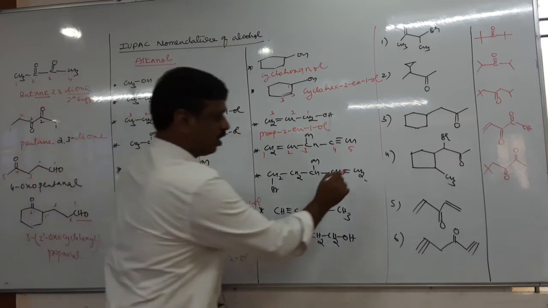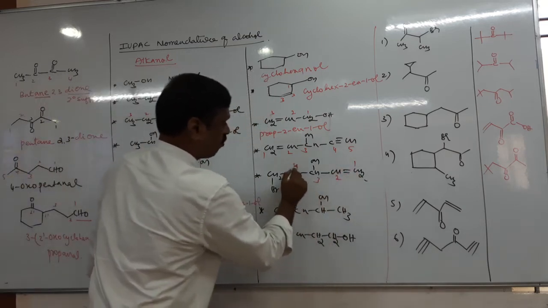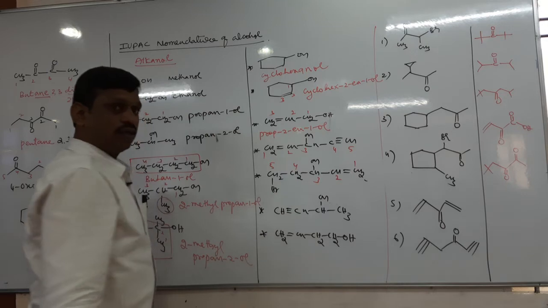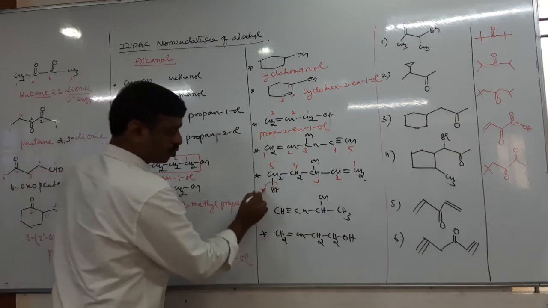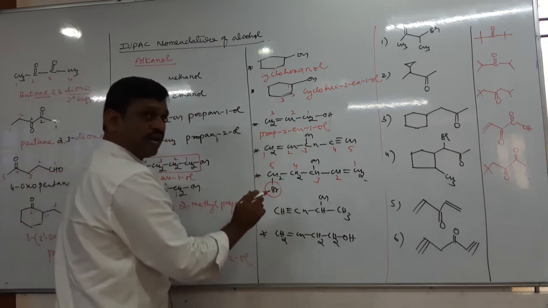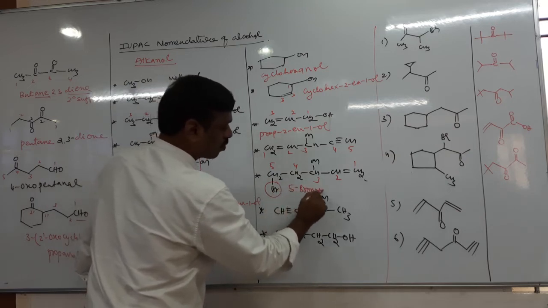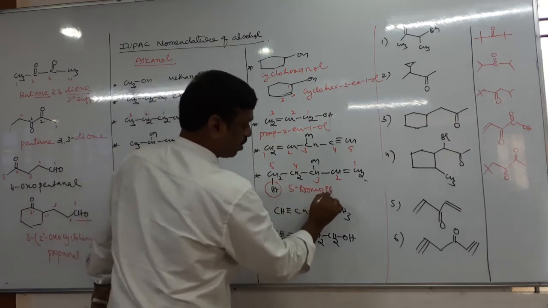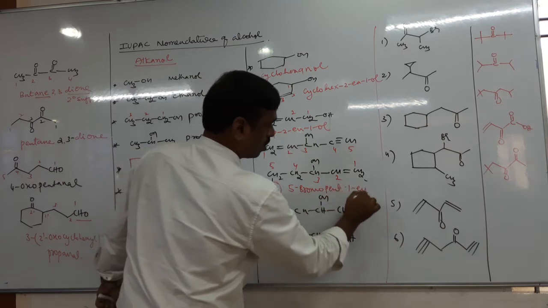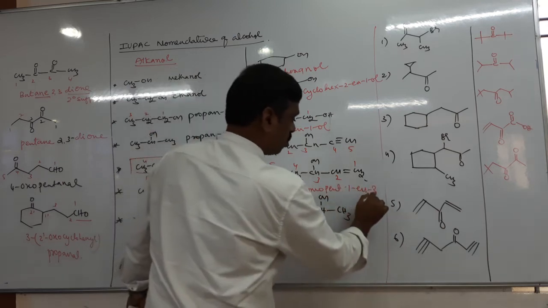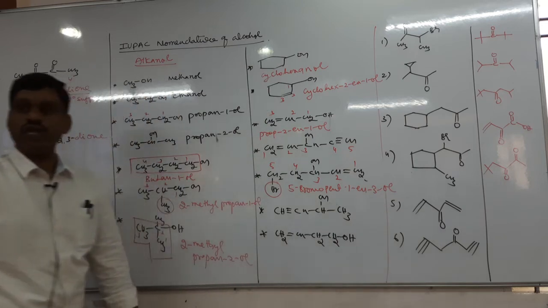So therefore, it is 1, 2, 3, 4, 5. While writing the name, substituent Br, which Br is it? 5-Br. Therefore, 5-bromopent-1-en-3-ol.